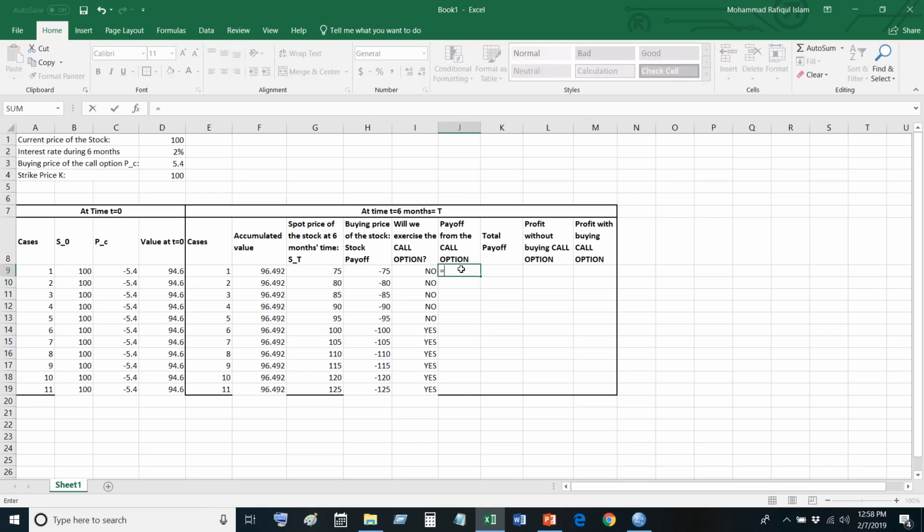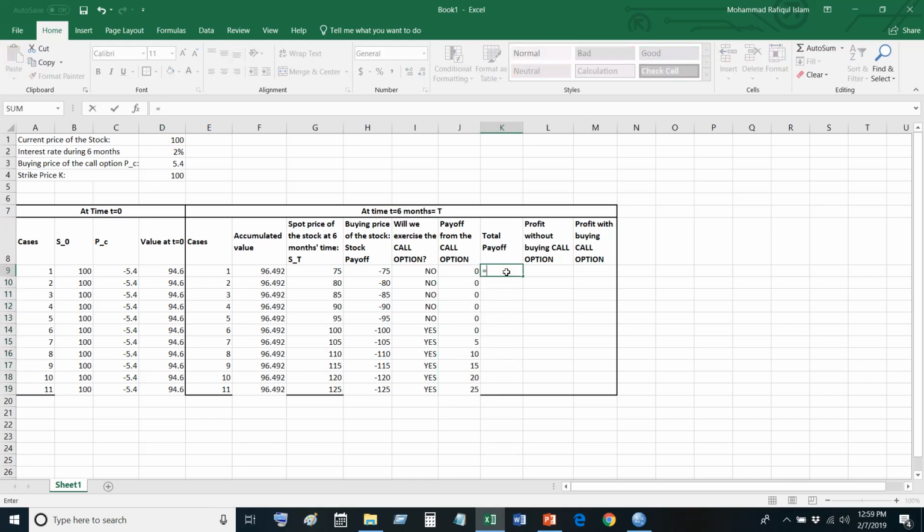As we defined, from the buyer's perspective, the payoff is defined as the maximum of ST minus K, where K is the strike price, or 0. So that's the payoff from the call option.